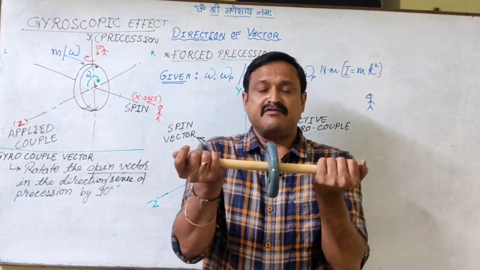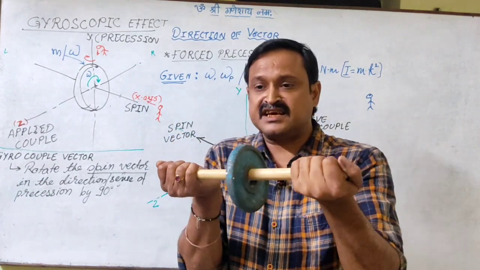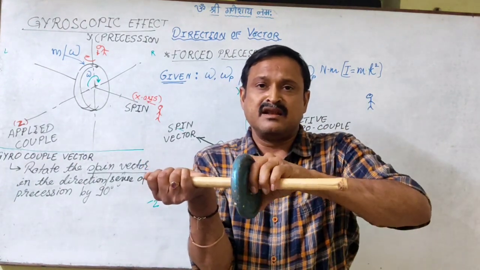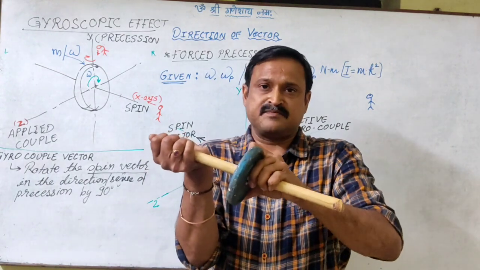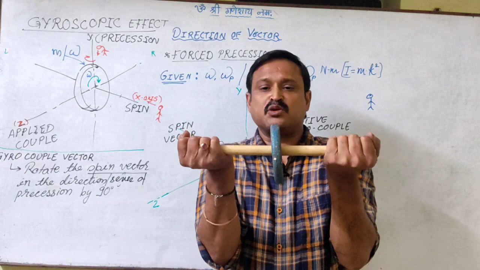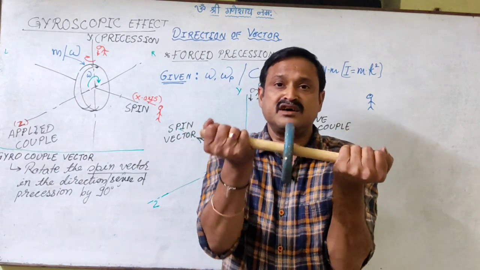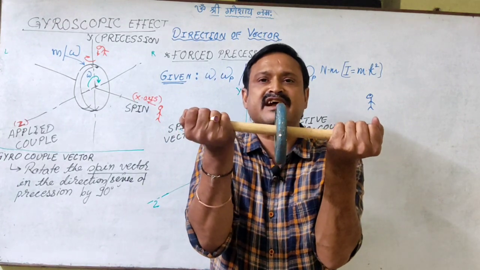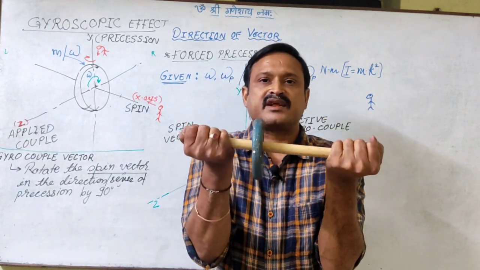So that means when the body is precessing, this entire system is subjected to a couple which is clockwise, and this entire system is held by the bearings. So if this system is trying to turn clockwise, the bearings or the frame of this system will try to hold it back, right?